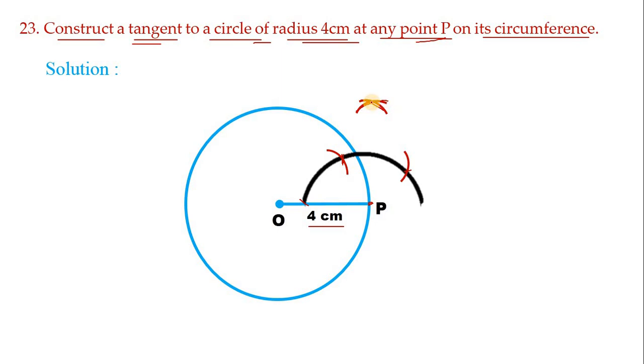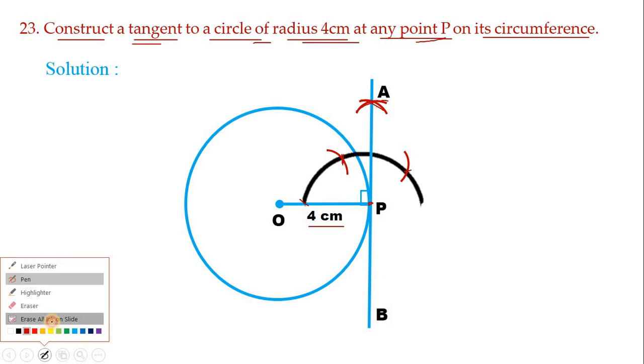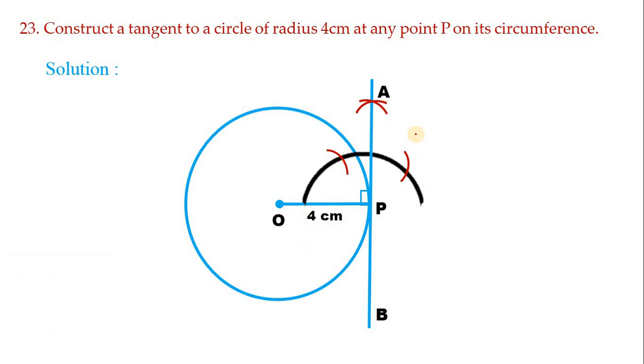These two arcs have to intersect. Now join this point to P and produce it, and give the name AB. Now AB is the tangent at point P which is on the circumference. It is the suitable perfect figure.